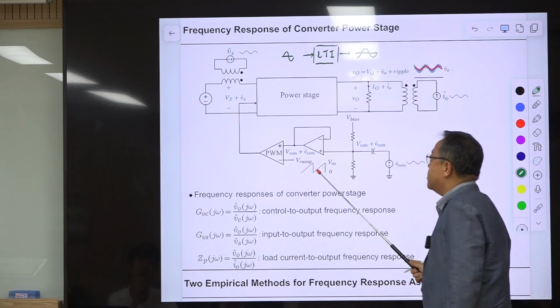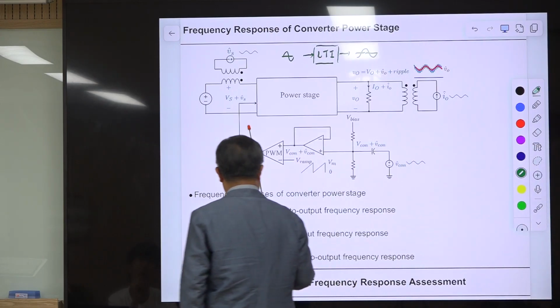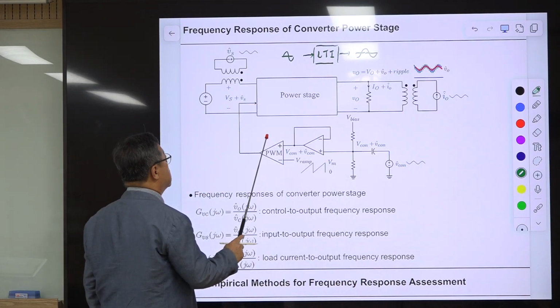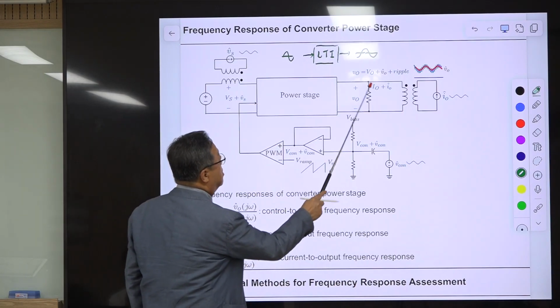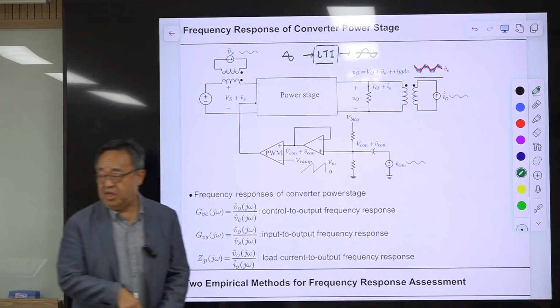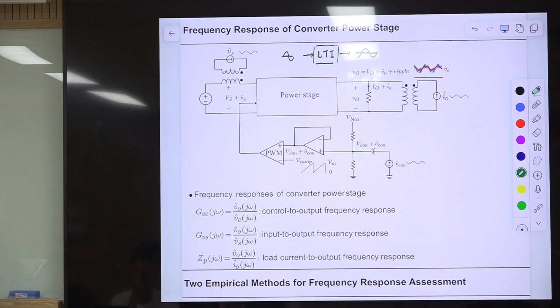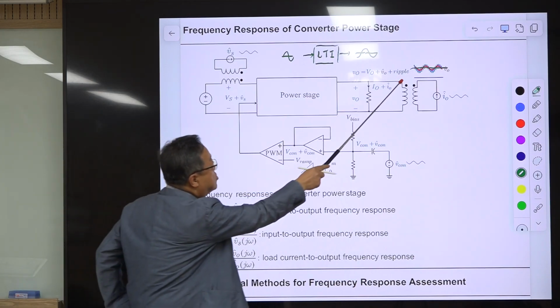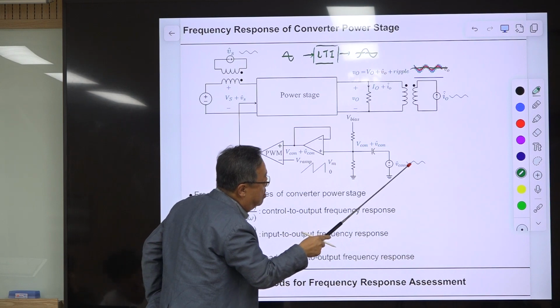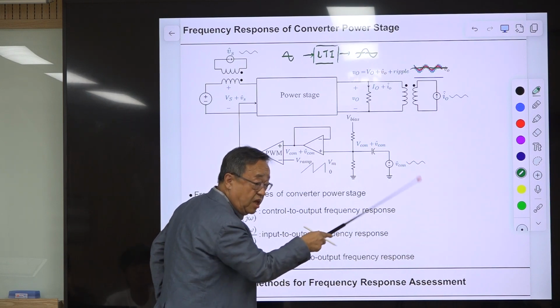Okay, then this will modulate the pulse and generate the pulse width modulated switch drive signal, and that will generate the output voltage, which consists of DC here, and it is reasonable to predict there is a sinusoidal variation here, this red curve, which is generated by this excitation.